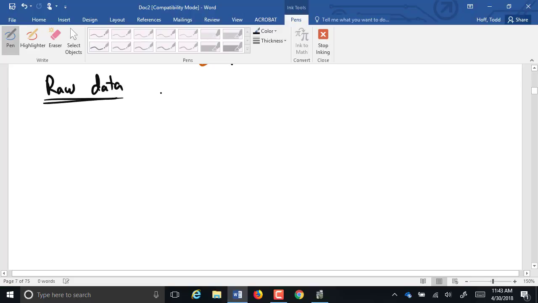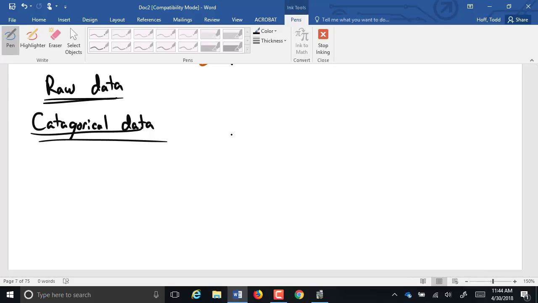So raw data might take a couple of different forms. One form it might take would be categorical data. Categorical data involves basically data that puts people into categories. Just a half a step back, maybe.